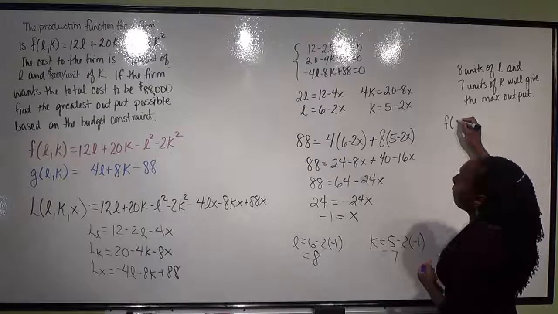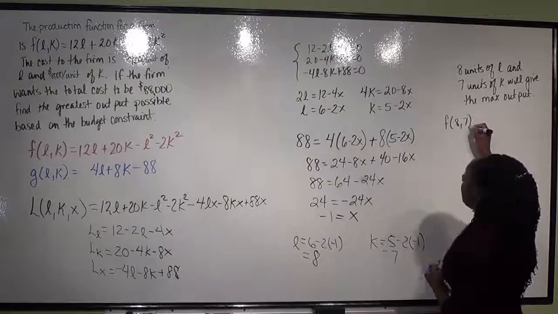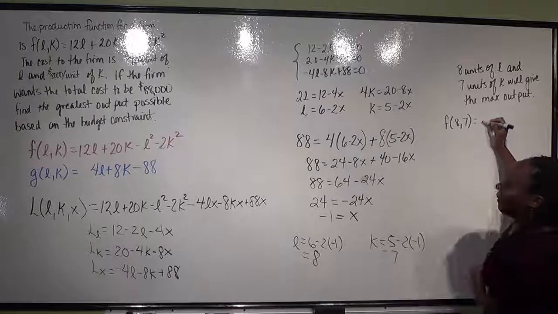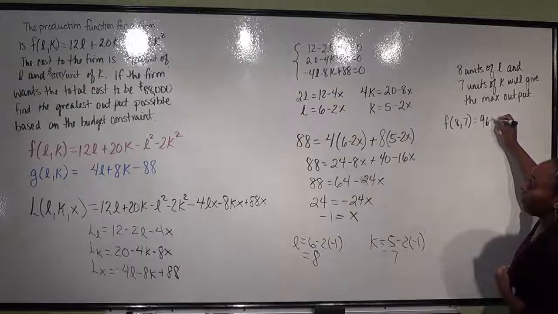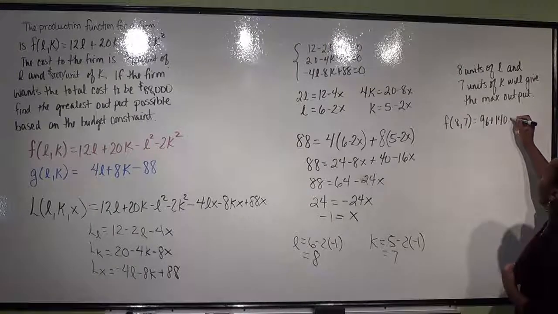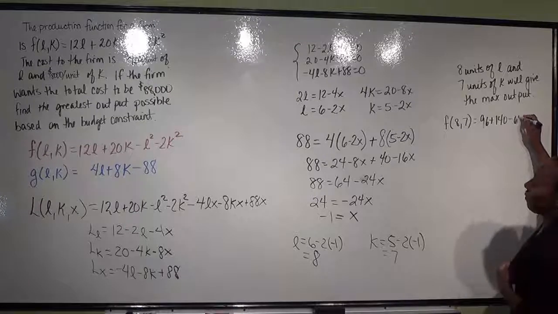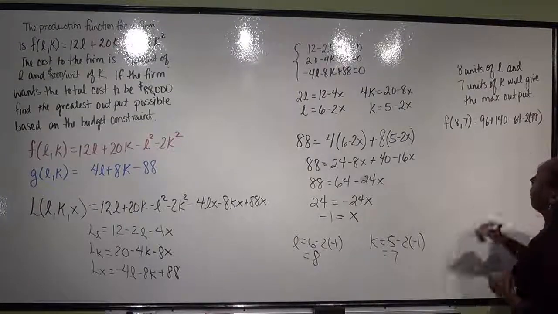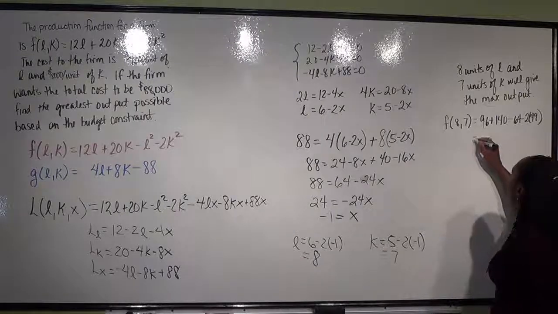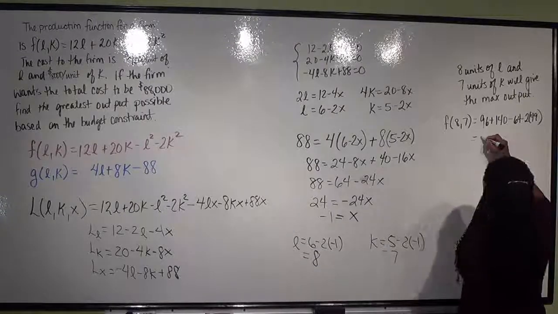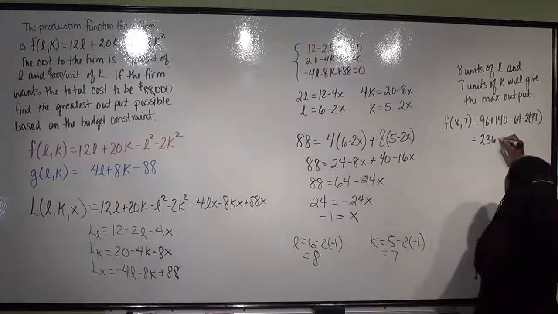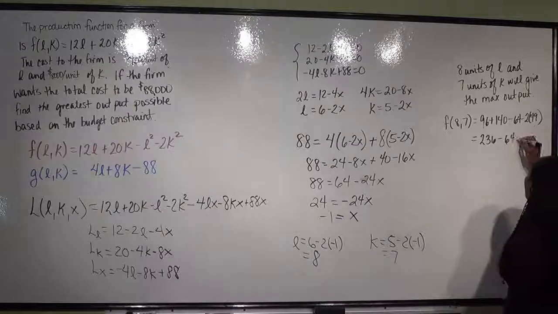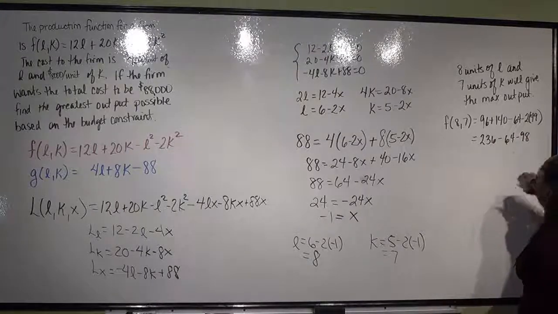So f of 8, 7 is going to look like 96 plus 140 minus 64 minus 2 times 49. We just need to simplify that. So that looks like 236 minus 64 minus 98.